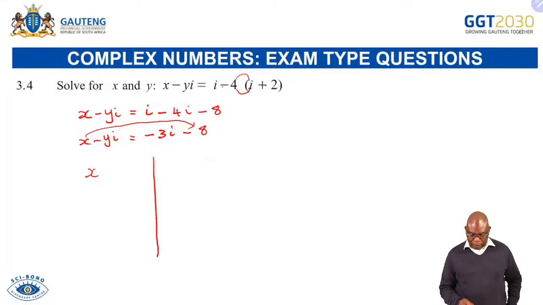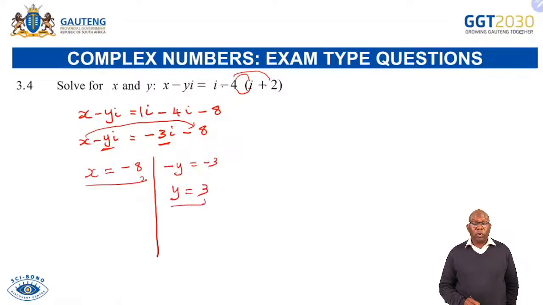Remember, I multiply this, got 4i, then I multiply that, then this 1i minus 4i will give us that. So therefore the x value will be equal to -8. The y value, I'm going to write it as it is: minus y equals -3. So my y value will be equal to 3. Those are the two values.